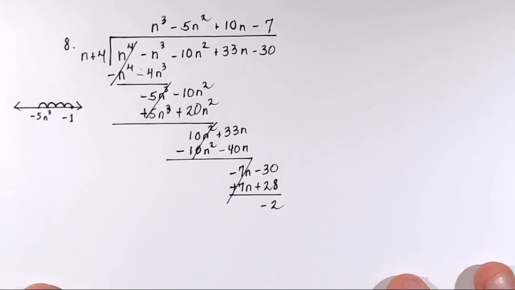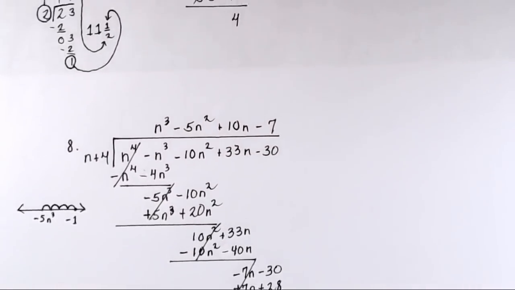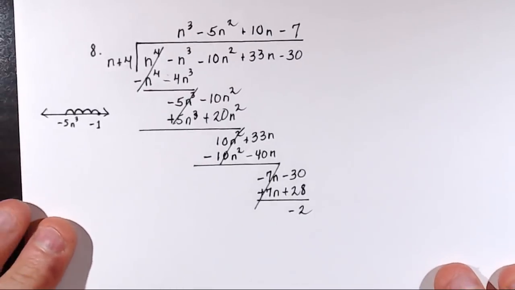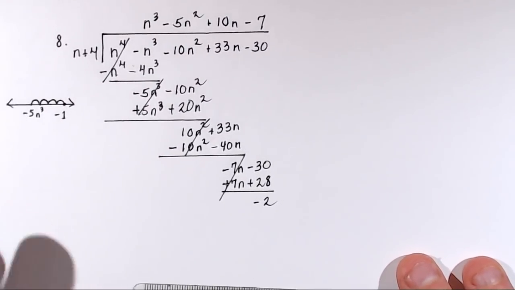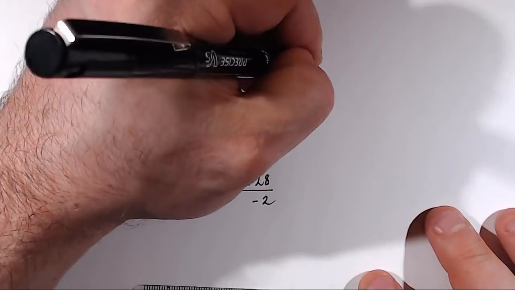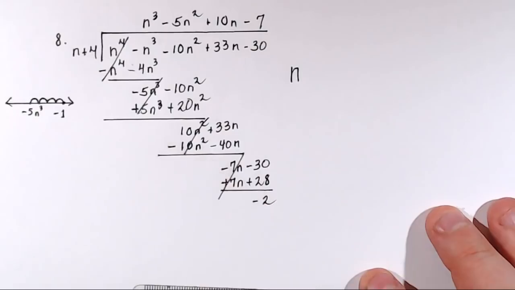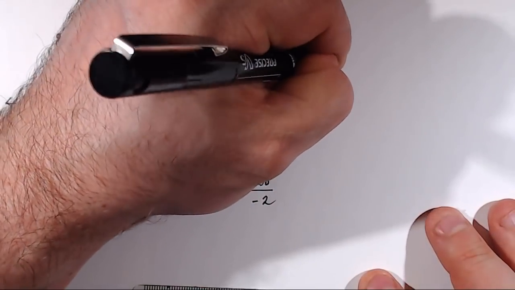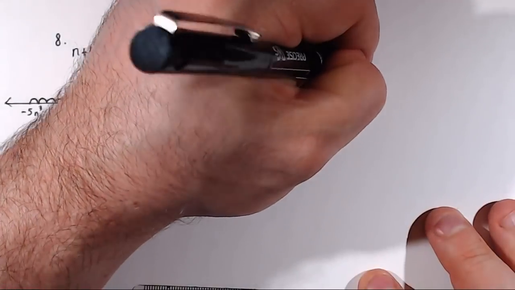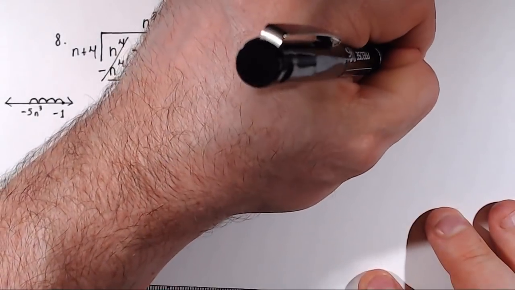So looking back up here at our little model, what I'm going to do is write the, in air quotes, whole number part of the proper fraction. This is n cubed minus 5n squared plus 10n minus 7.